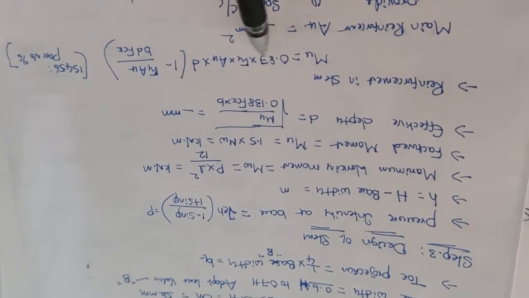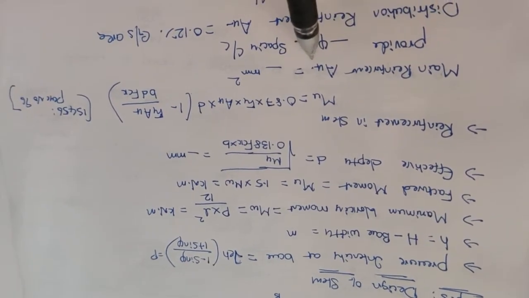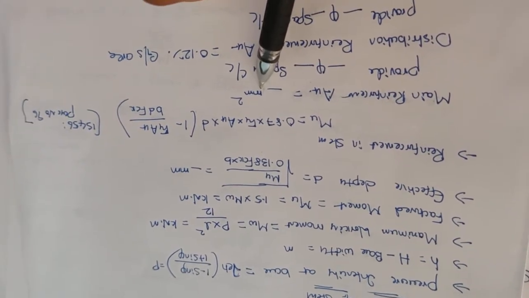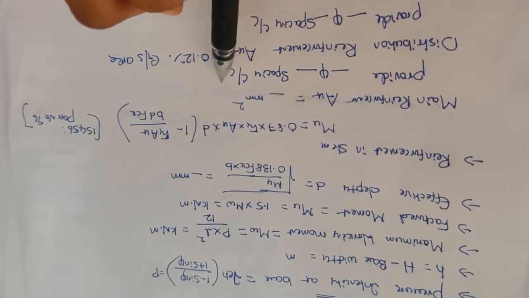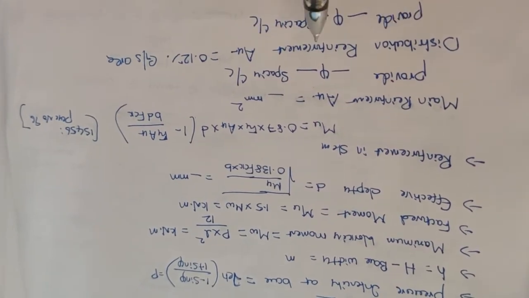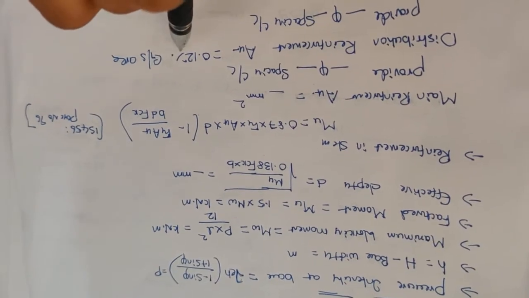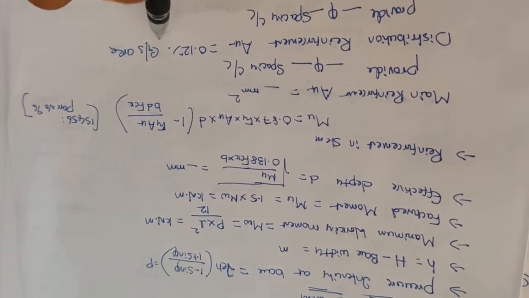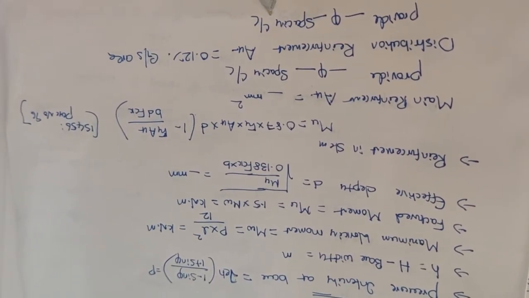By solving that equation you will get the main reinforcement. After finding the area of steel, you have to find the diameter and spacing to provide. And the distribution reinforcement Ast is equal to 0.12% of the cross-sectional area. From this area of steel you will provide the minimum reinforcement diameter and spacing.